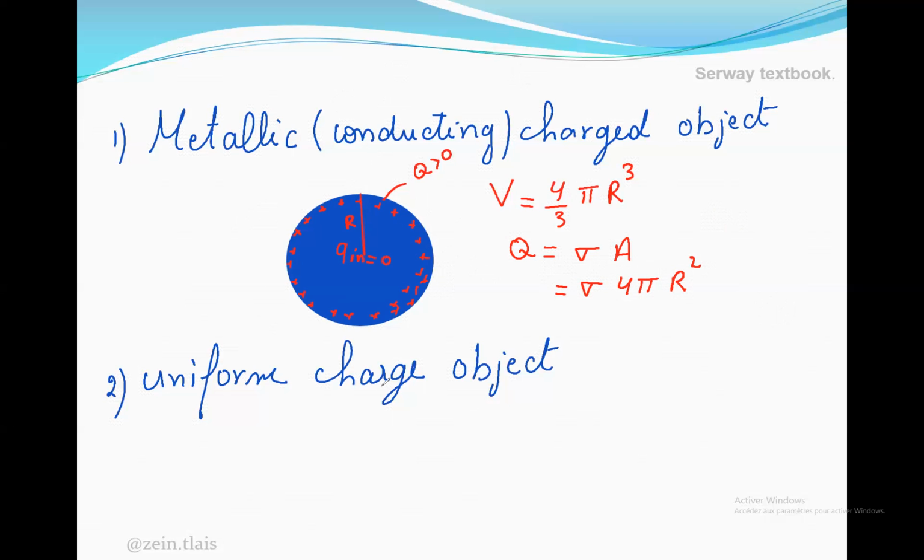Now, I want to take the same example and the same object with the same shape, a sphere. But this sphere is not a metallic object. It's just a uniform charged object, okay?